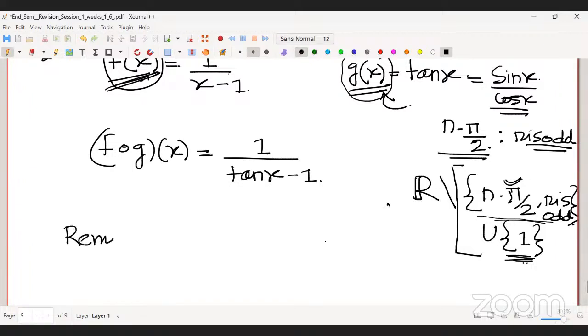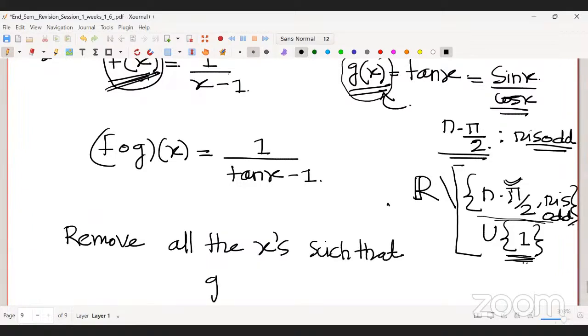Remove all the x such that g of x is 1, because if g of x is 1, then I will get f of 1, and f of 1 is not defined.